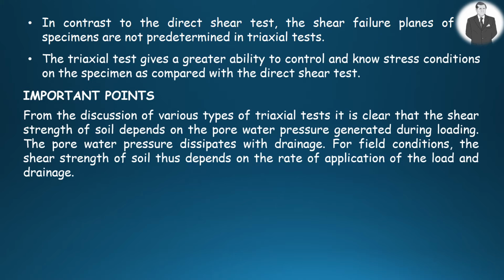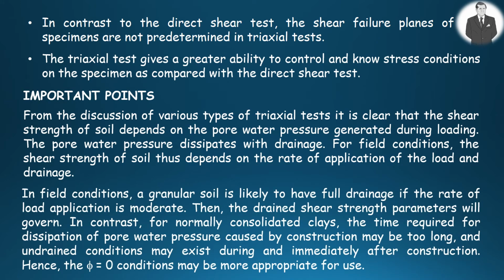For field conditions, the shear strength of soil therefore depends on the rate of application of the load and the drainage. In field conditions, a granular soil is probably to have full drainage if the rate of load application is moderate. Then the drained shear strength parameters will take control.